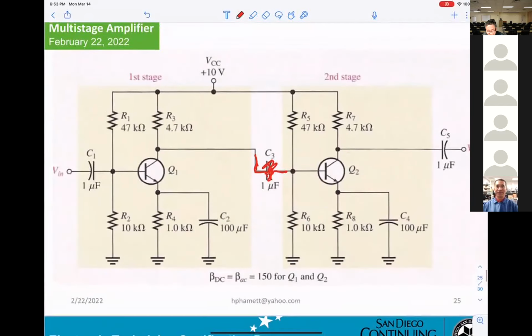However, they're not AC coupling. Whoever worked on the bipolar amplifier, you already worked through that.